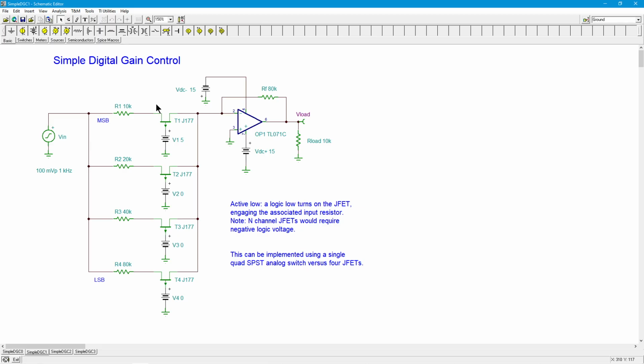And if you did that, if it was a decent one, like I said, that had just a few ohms for the on resistance, well, hey, you could easily knock down all these resistors by a factor of 10, right? Make that a K, 2K, and so on and so forth. Make this 8K. If your input source is particularly sensitive to that, you could always put a buffer out here to give you a higher input impedance.